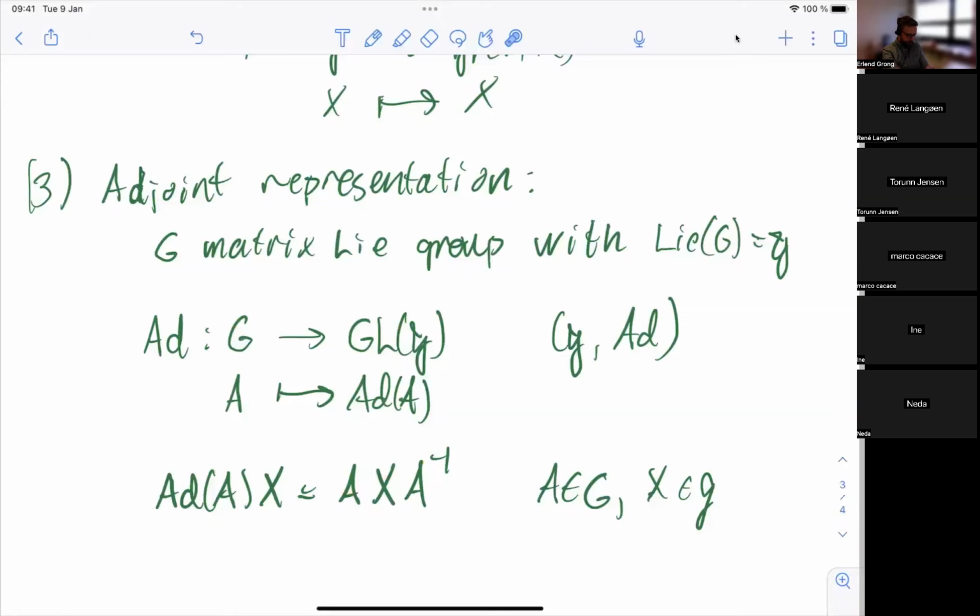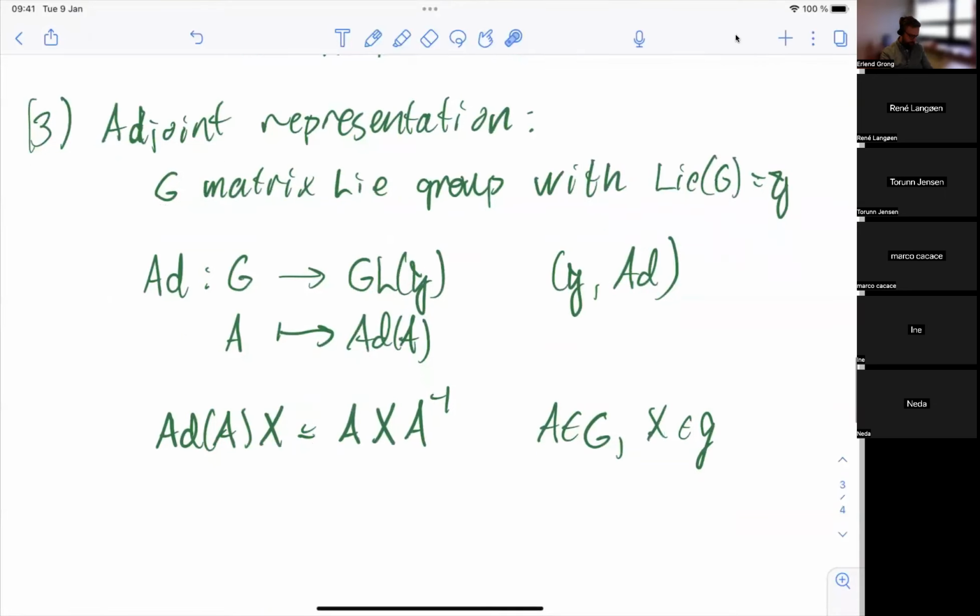What is the thing that an element A does to an element inside the vector space? So that's why we denote it by the vector space instead of the GL of the vector space itself.